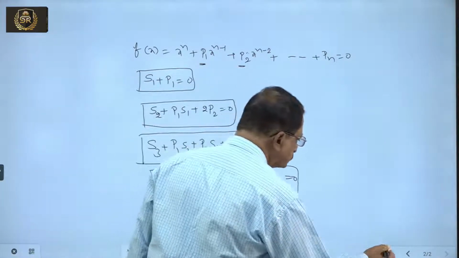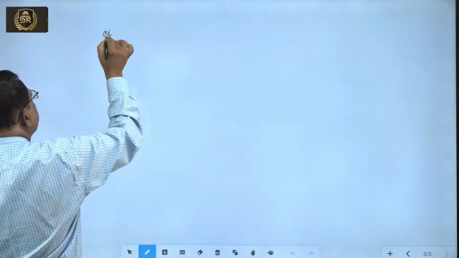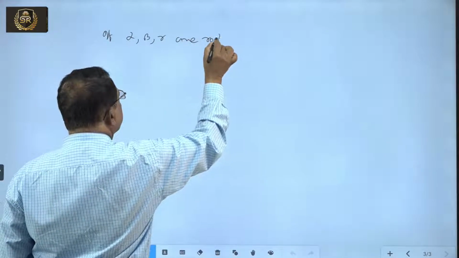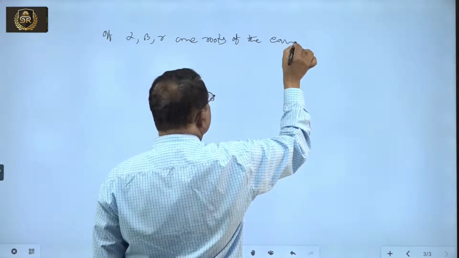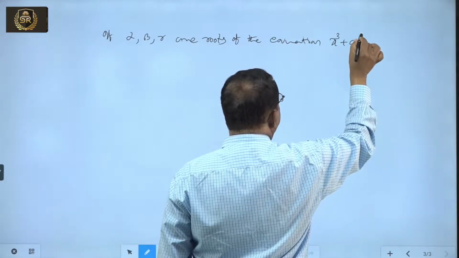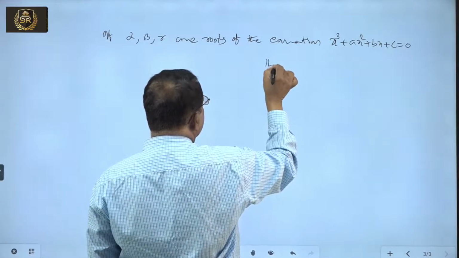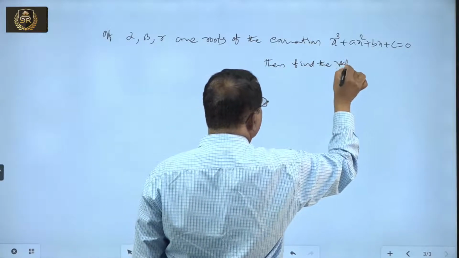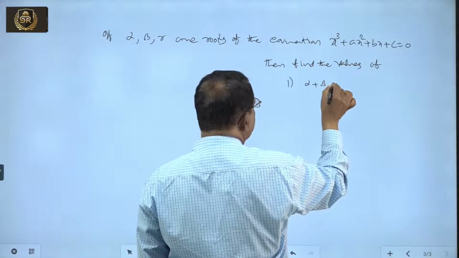Now, if alpha, beta, gamma are roots of the equation x cube plus ax square plus bx plus c equals 0, then find the values of: first, alpha plus beta plus gamma.